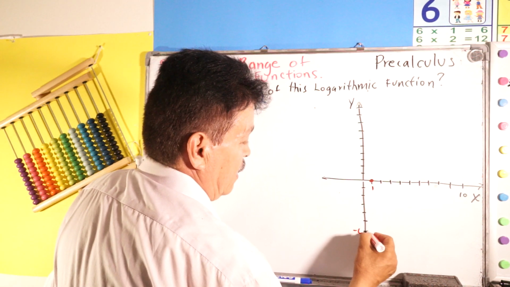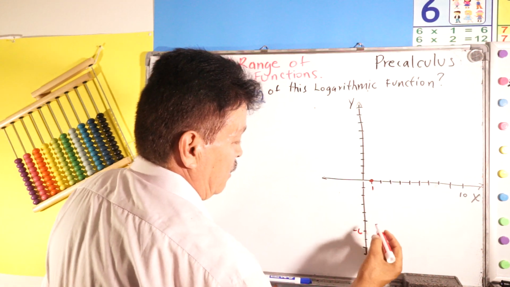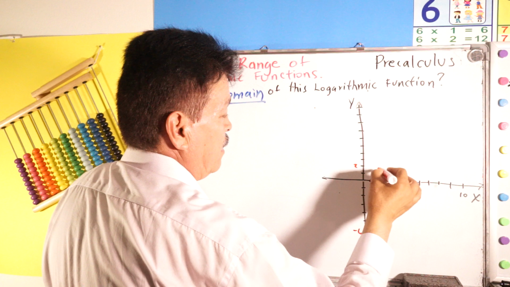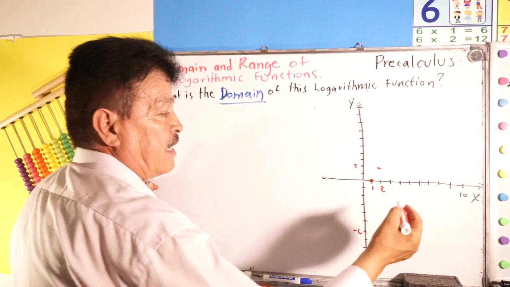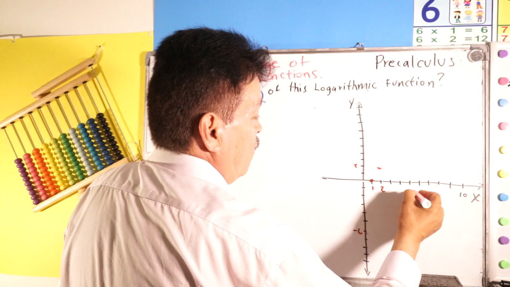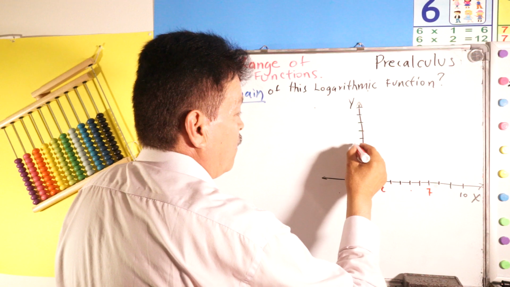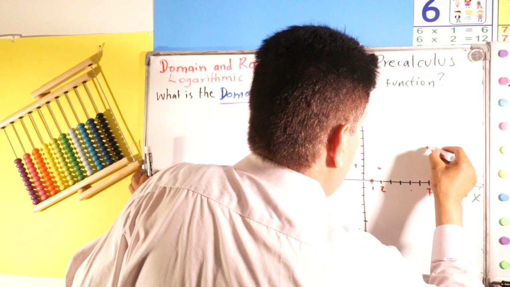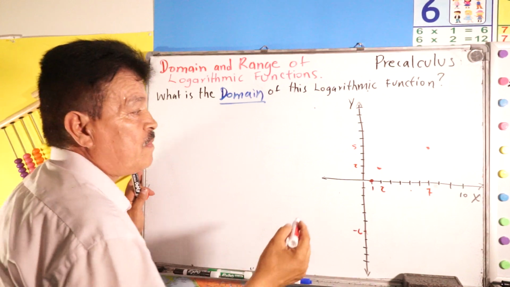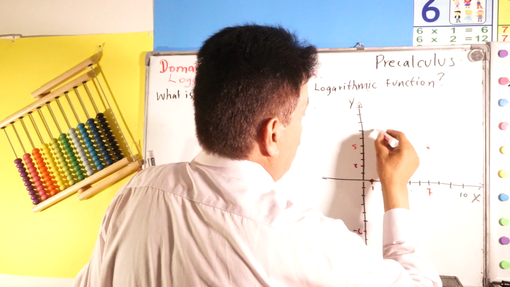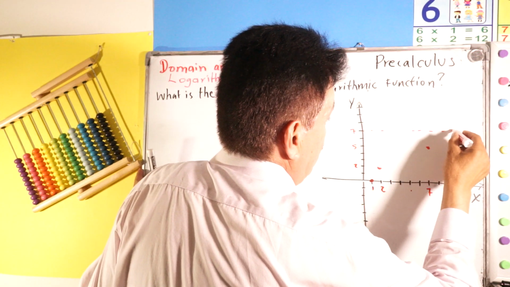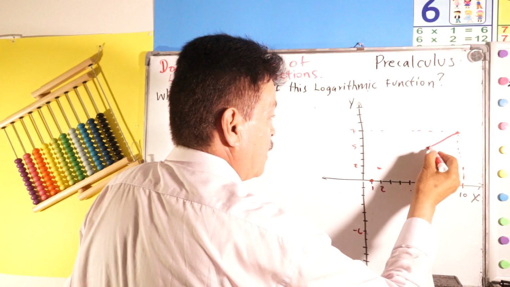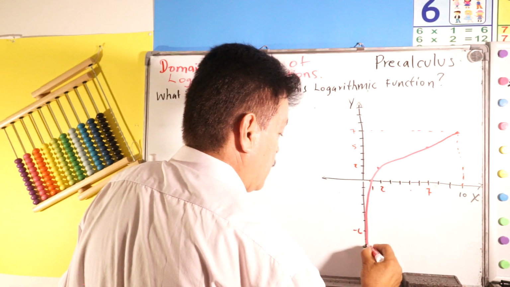Another point is right here, close to here, and 2 is right here, just to make up a picture, and then 7, and 5, and the last point is 10 and 7. So this graph is running like this.